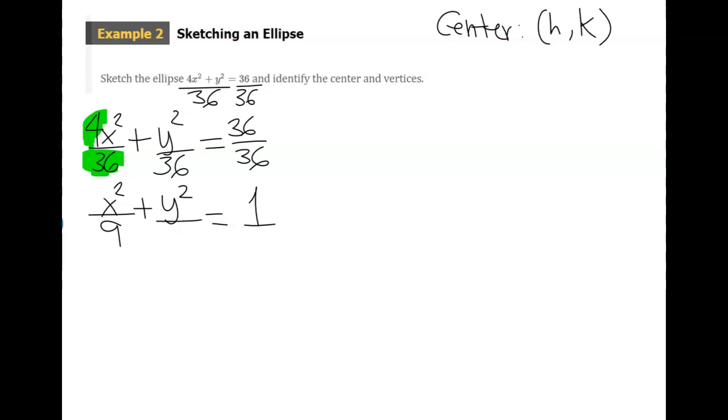So that's the way I wanted that to look. And as you can see, the center, because we don't have h and k, or we do, but they happen to be zeros, the center is going to be at 0, 0. So that's an advantage. Now, a question for you is to identify which one is a squared. Is it 9 or is it 36?